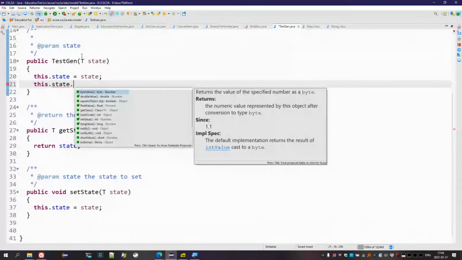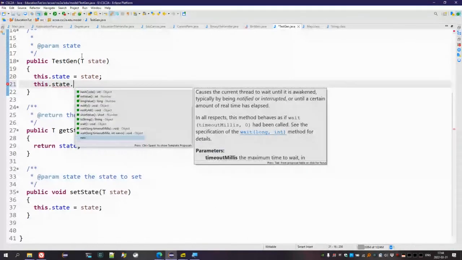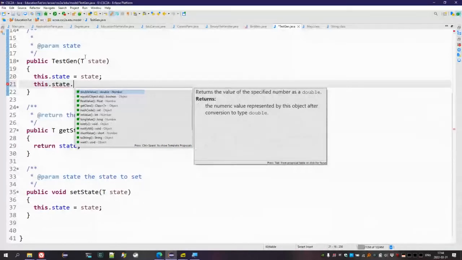So the lowest common denominator in this case is that it's a number, and we can call any methods that number has. So here you can see there's byte value, double value, float value, int value, long value, short value, and that seems like that's all the things that we can get out of number.